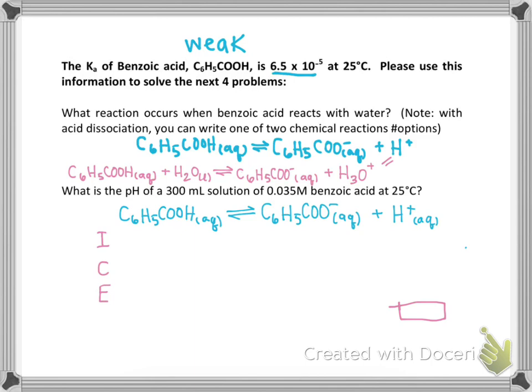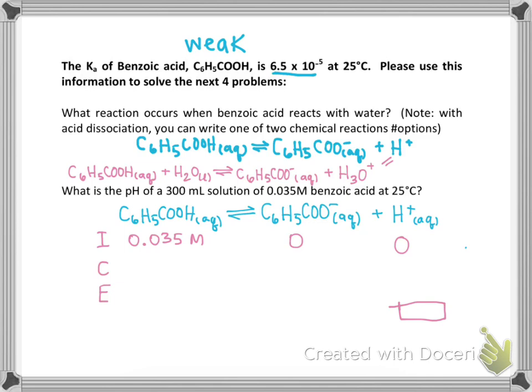So for my initial benzoic acid, I'm going to use the concentration and molarity that's given. We always use molarity in ice tables. And I'll have 0 of these to begin.